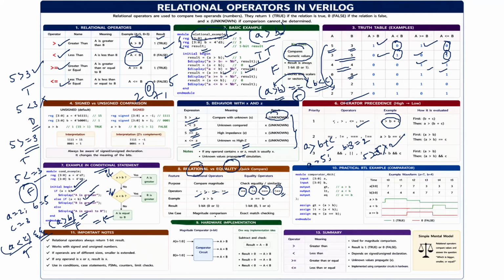Here the magnitude is considered, that means the values, not each matching bit. With case equality, whatever the matching values are, only those are considered, because here 1 0 1 0 and 0 1 0 1, you are checking bit by bit whether both are equal or not, and only then considering the values.